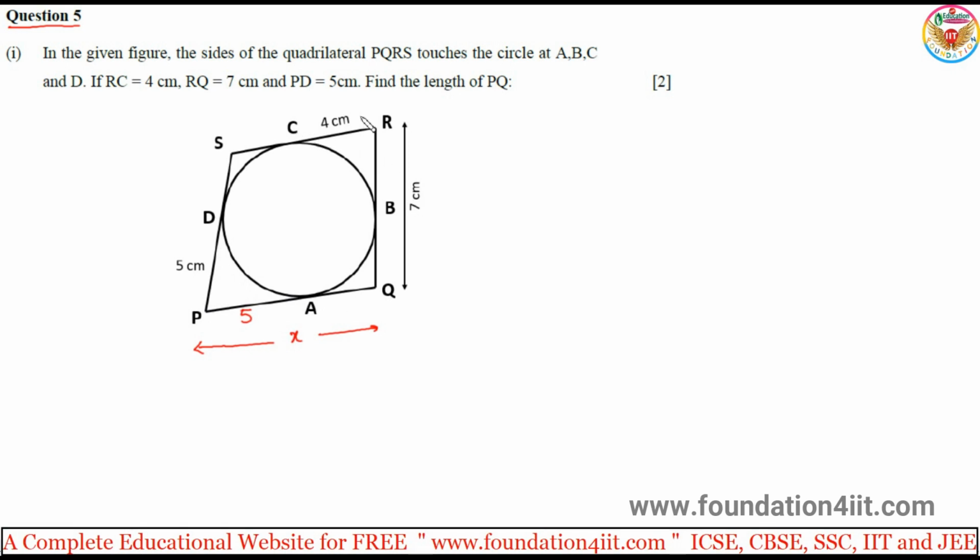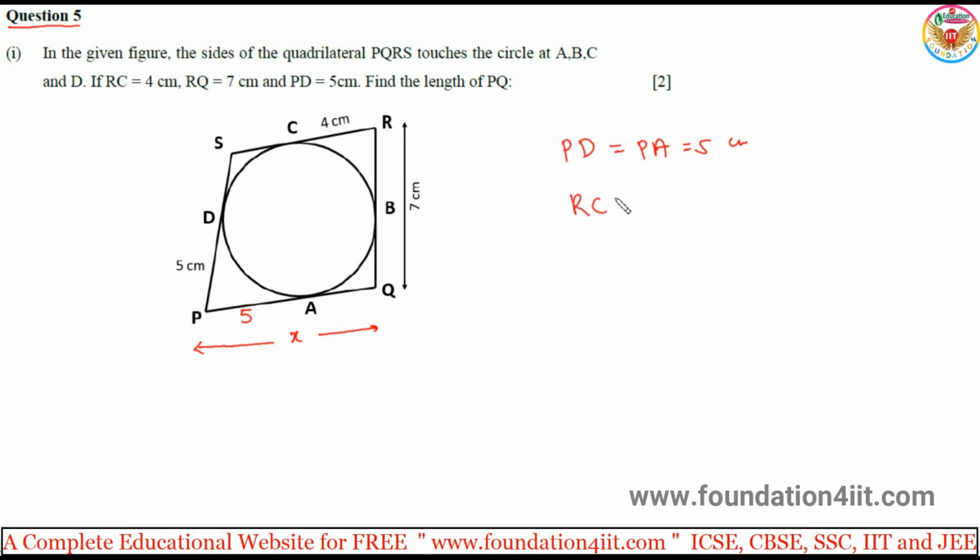Next, CR is 4. So PD is equal to PA, that is equal to 5 centimeters, and RC and RB are equal, because from the external point R, tangents touch the circle at points C and B. RC and RB are equal, that is 4 centimeters.